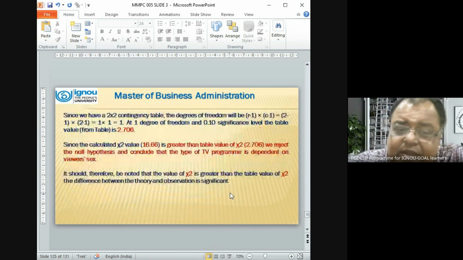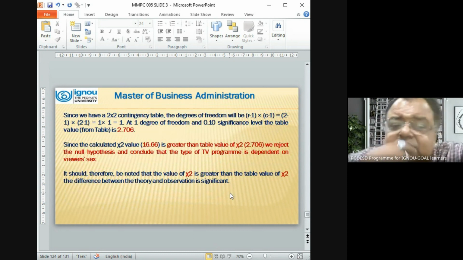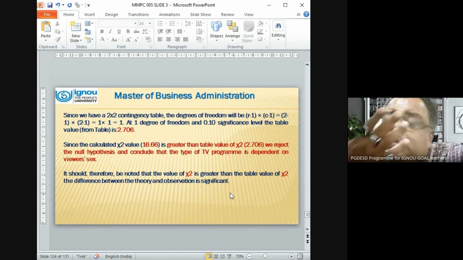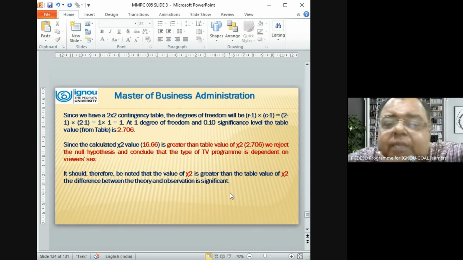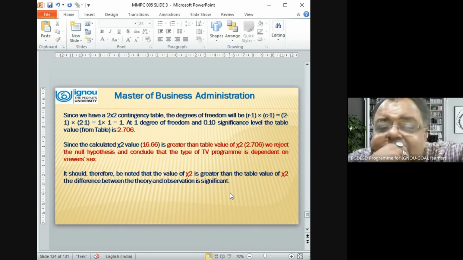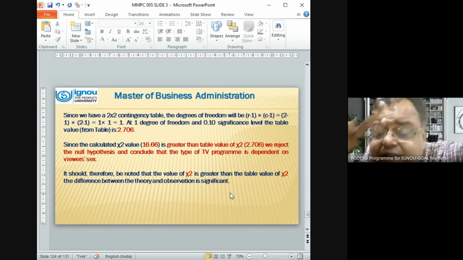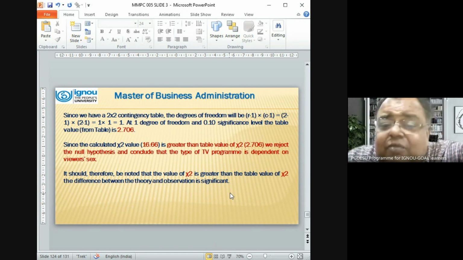What happened over here? See what is written. Here you people used to say that mathematics is difficult. I don't understand why it is difficult. Your chi-square that you have calculated is 16.66, which is greater than the tabular value of 2.705.